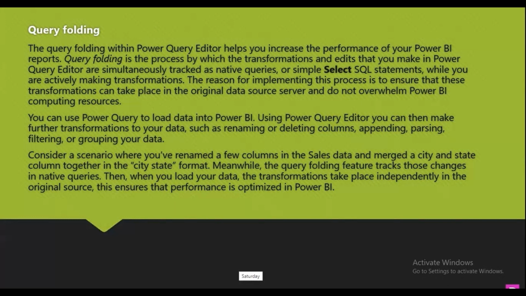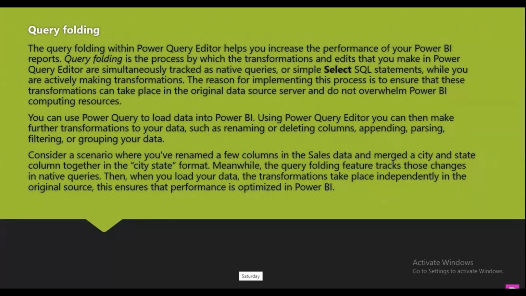Instead of that, if the column gets merged when we are getting data from the source itself, that means we are getting the merged column from the source data directly.